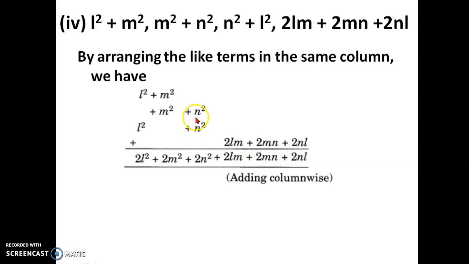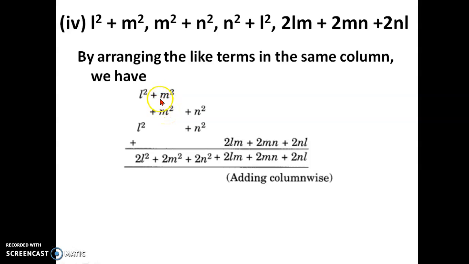So here n square plus n square, okay, both are in plus. So n square plus n square is 2n square. Why? You know, right? When nothing is there, it means it is having 1 as coefficient. So 1 plus 1 is 2. So 2n square you will write in the solution. Then here m square, those like terms we have written.